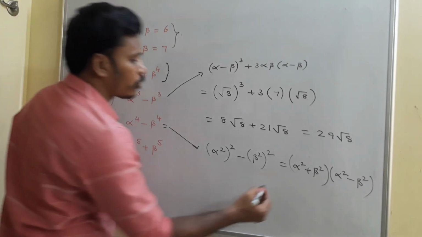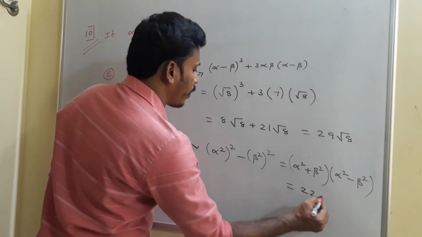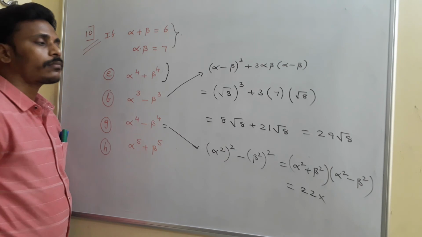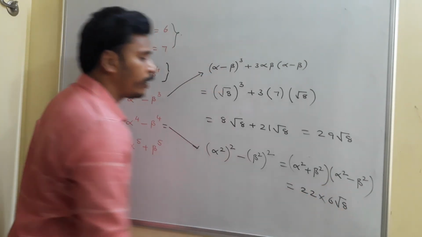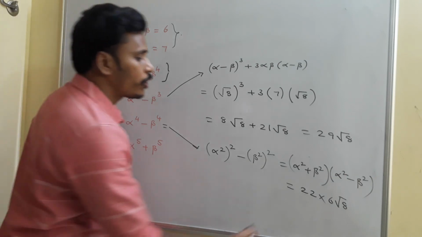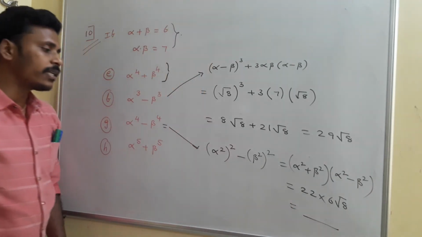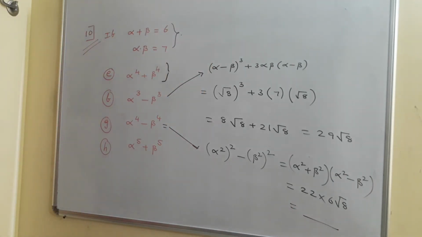Alpha square plus beta square we found to be 22. Alpha square minus beta square we also have as 6 root 8. So 22 into 6 root 8, if you multiply, is the answer for alpha power 4 minus beta power 4. Okay, just have a look, and then we go to alpha power 5 plus beta power 5.